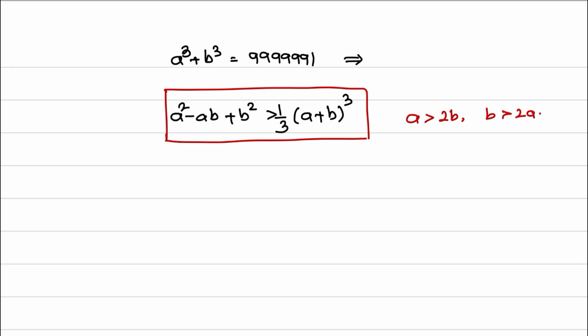Both of them cannot be negative, both of them cannot be positive, because a plus b is equal to 1. One should be negative and one should be positive.